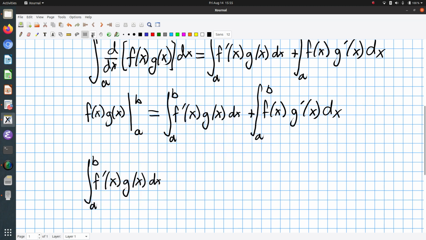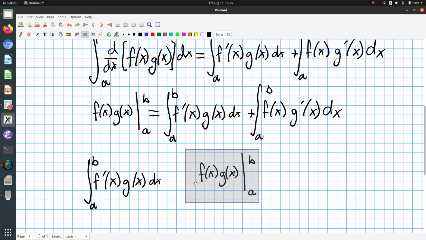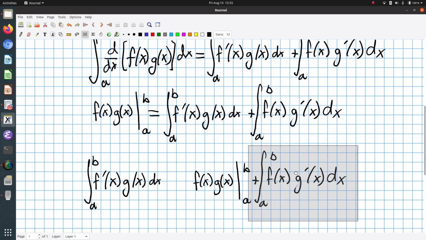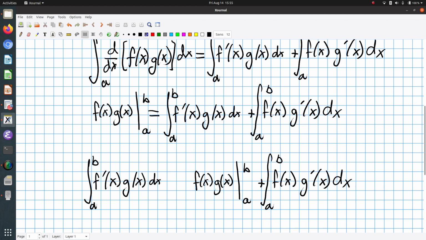And there's your integration by parts formula. This is the same formula that we had up above.